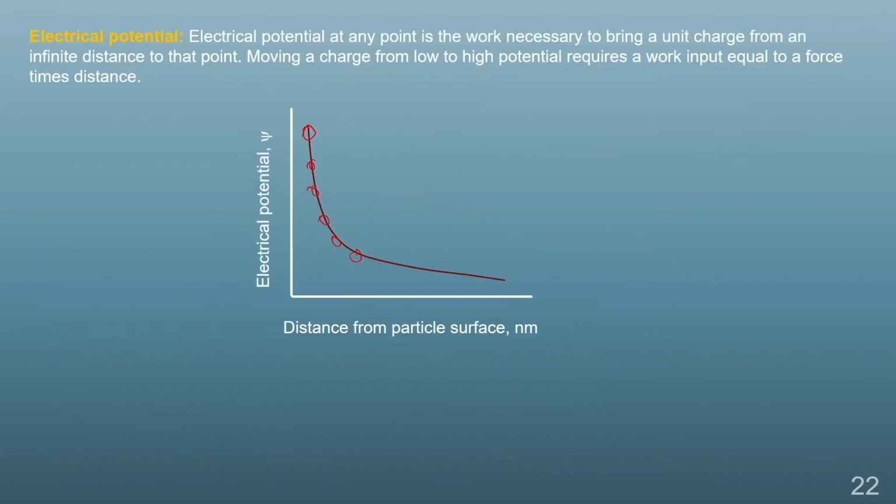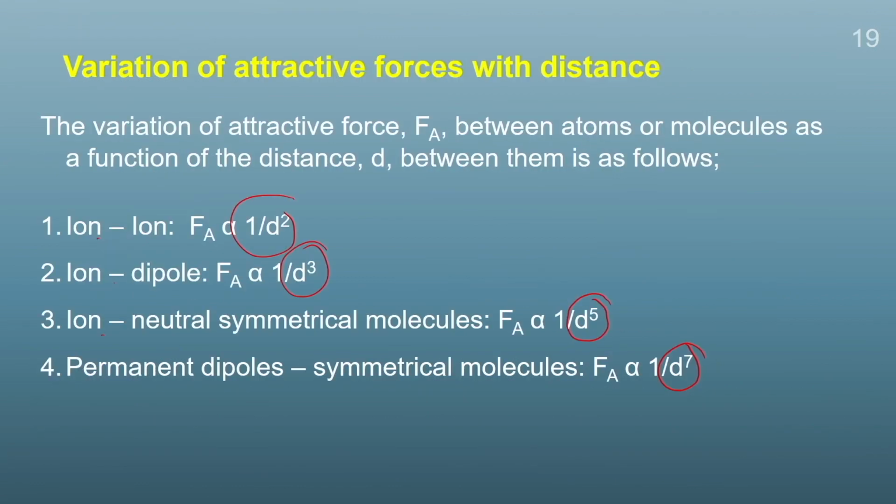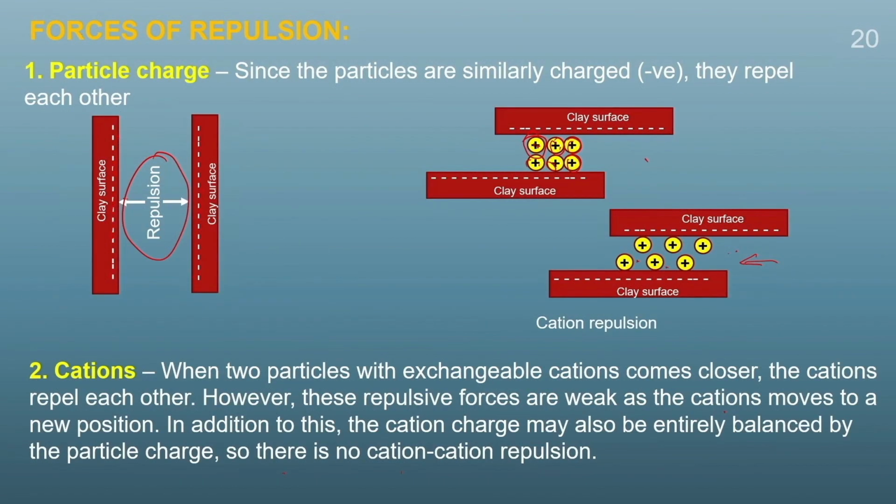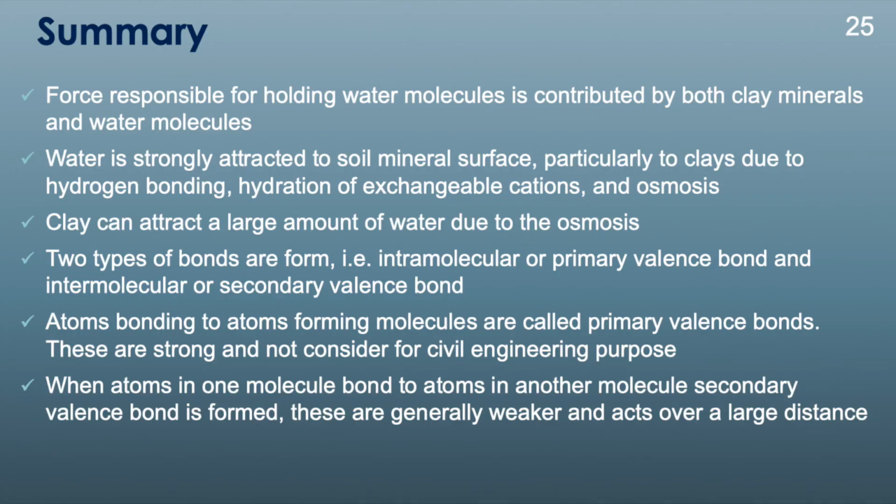We also learned about different types of attractive forces and repulsive forces and their variation with distance. In the next class, we will learn about how the soil will swell in the presence of water, and also about the formation of the diffuse double layer in a clay water system. These are the few points which I discussed in today's class.